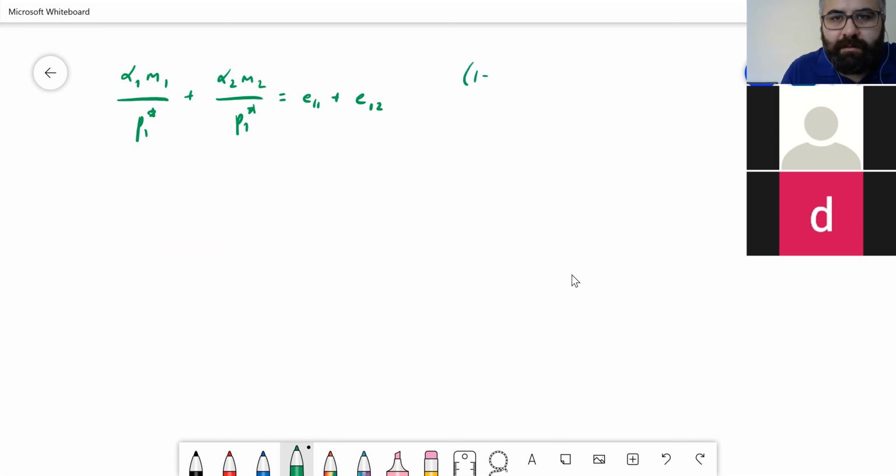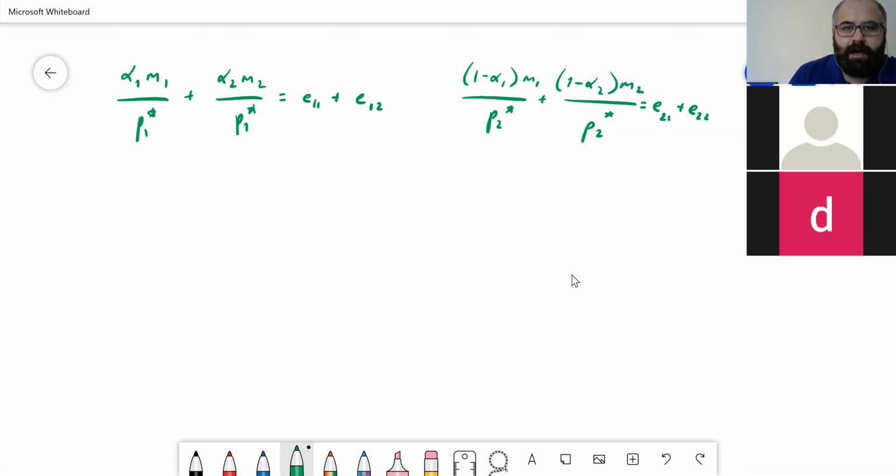Then you have 1 minus alpha 1 M1 divided by P2 star plus 1 minus alpha 2 M2 over P2 star being equal to E21 plus E22. Okay. And of course, again, M1 and M2 depend on prices and endowments as well. So if you do the math here separately and here separately, you're going to end up with this one. You should do this. That's another assignment.